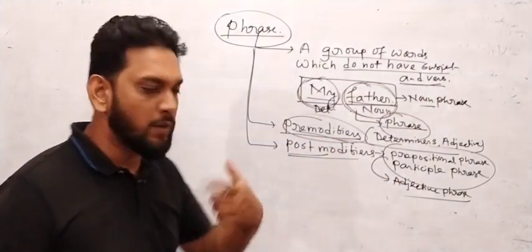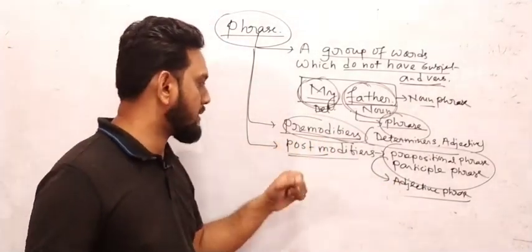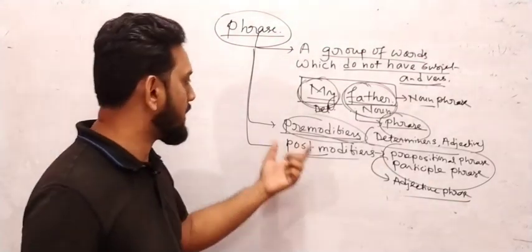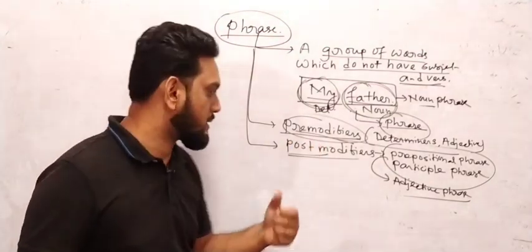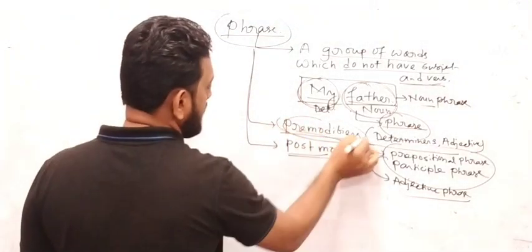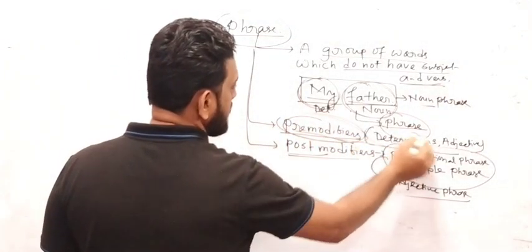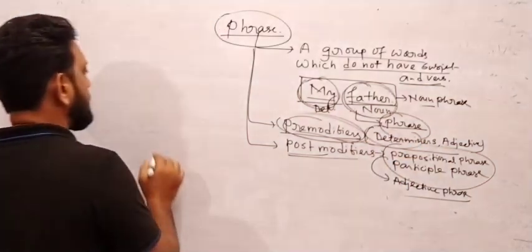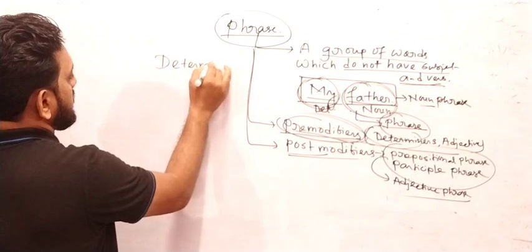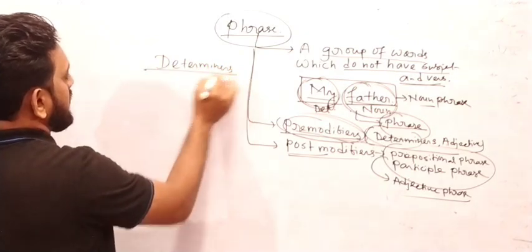Now let me make you understand how these pre-modifiers and post-modifiers are used in sentences or phrases. Now write it down. What I have written over here, pre-modifiers, means determiners or adjectives. Now I have to write some determiners over here. How many determiners are there?